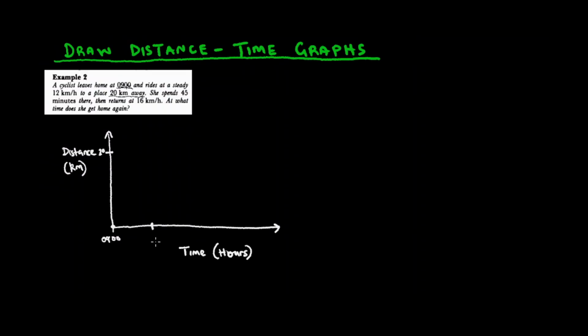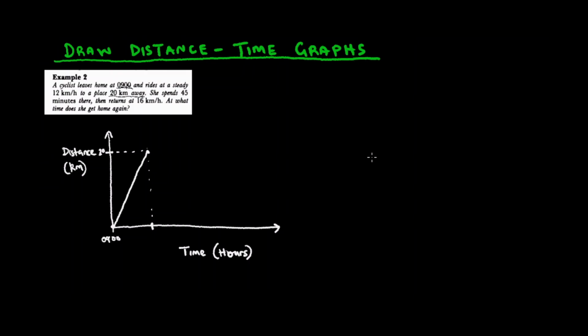That time is what we need to find, because the time taken to cover 20 kilometers moving at 12 kilometers per hour is what will give us this line. Are you able to follow the train of thought?